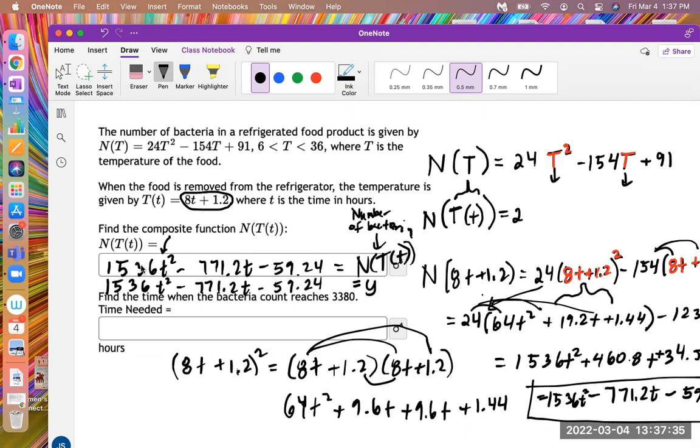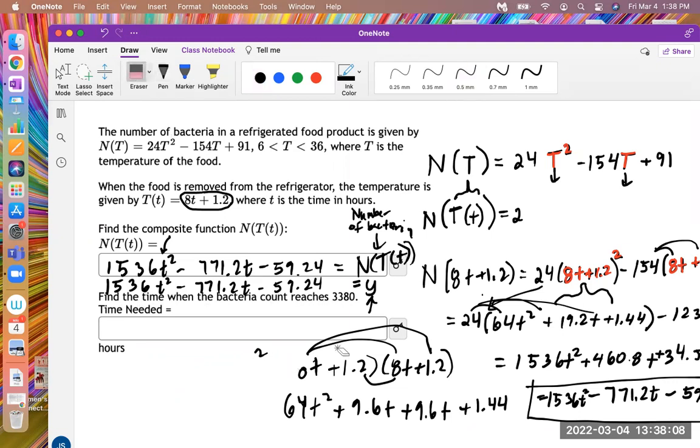That means, for example, in 15x plus 7x plus 3, everything is in terms of x, okay? This one, everything is in terms of t, the time. So that's our independent variable. Given a time, this function is going to spit out the number of bacteria. So what we need to do here is plug in for the output variable, because the output is the bacteria count.